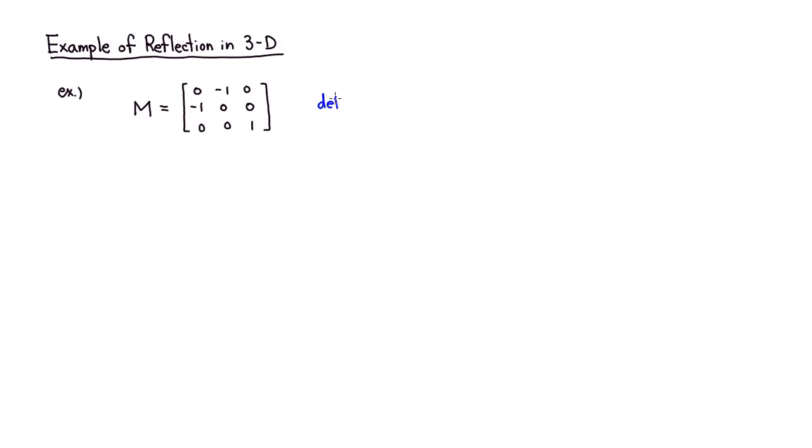The determinant of M is the determinant of 0, -1, 0, -1, 0, 0, 0, 0, 1. I'm going to expand along the last row.